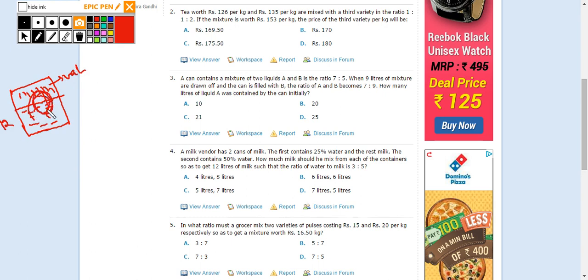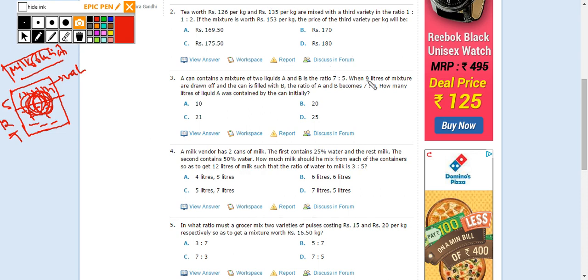It's all mixed. So this is a milk solution. I'm not calling it milk, I'm calling it a solution. One is water, another is milk, and the ratio in which it is contained is 7:5. So this is one can I have with me.